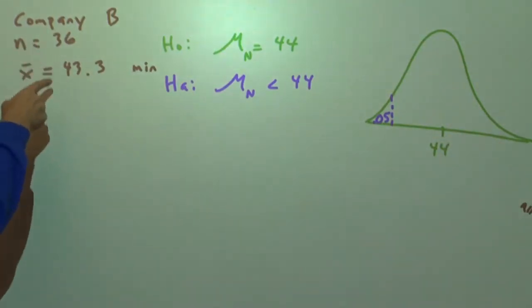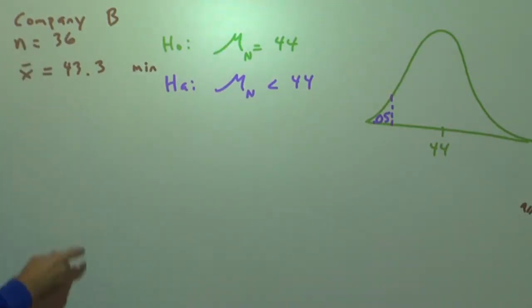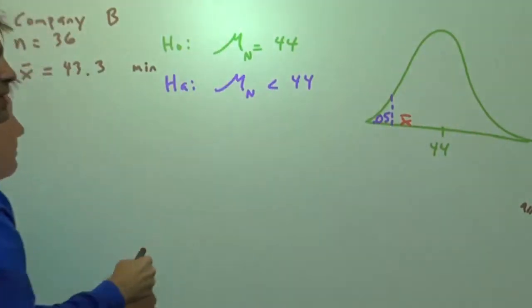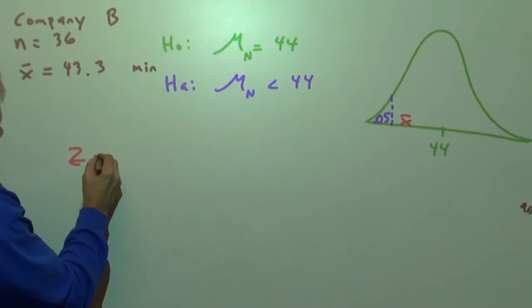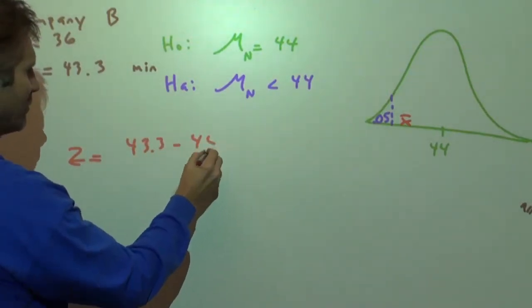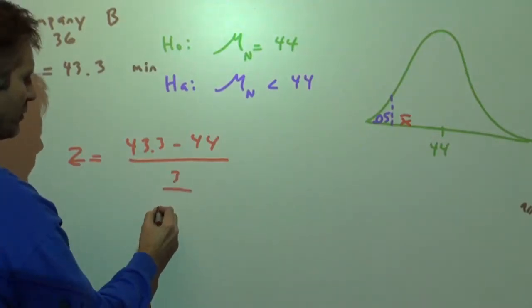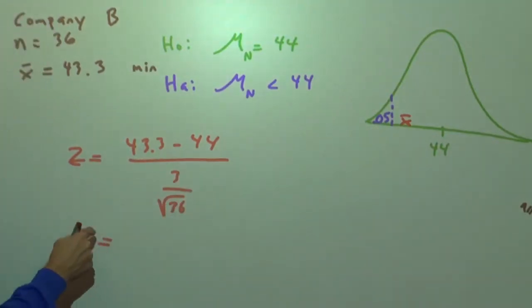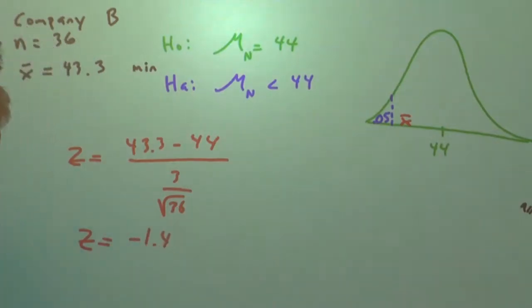Company B, sample size of 36, had a sample mean of 43.3. That turns out to fail to get into the critical region. The z-score for that one, if you did the 43.3 minus the 44 divided by the original standard deviation over the square root of the sample size, would give you a test statistic, learn the terminology, a z-score of negative 1.4.